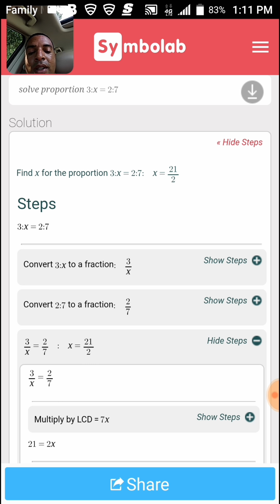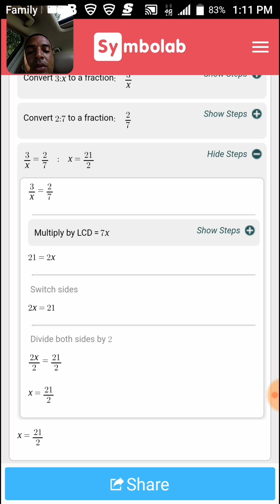How do we get that? Let's look at the steps. First, we find our least common denominator of 7x. And we switch the sides. 2x equals 21. We divide both sides by 2, and we get 21 over 2.